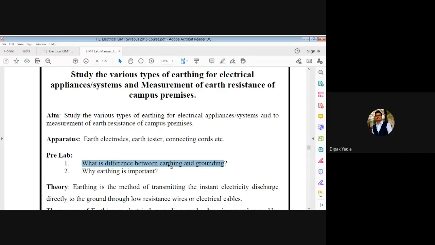There is a small difference between these two words, but in some books and literature they mix these words together. So grounding can be earthing or earthing can be grounding. Obviously there is a thin line of difference between these two words. We are interested in earthing today, not grounding.